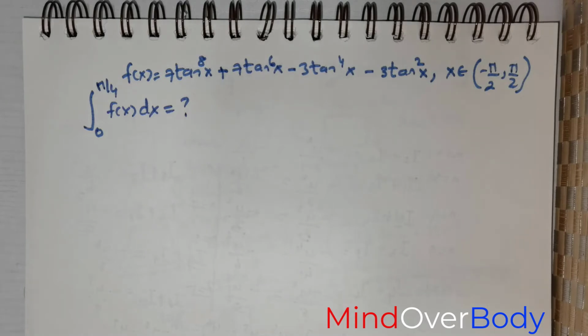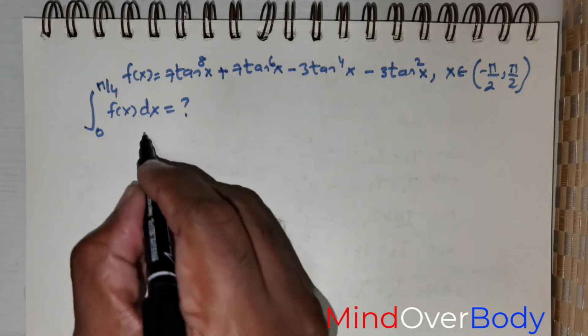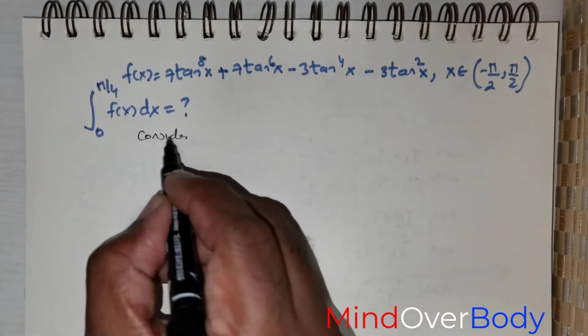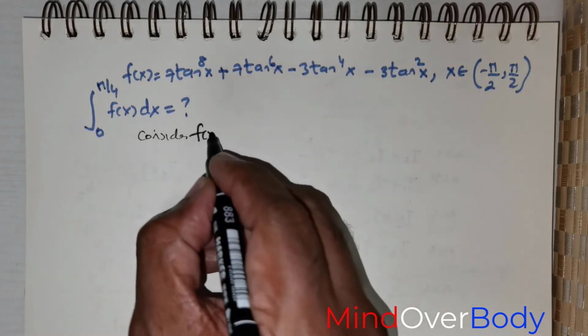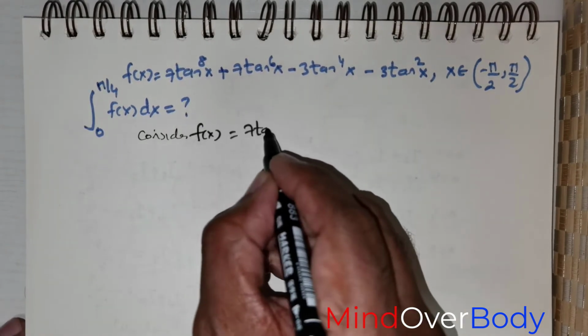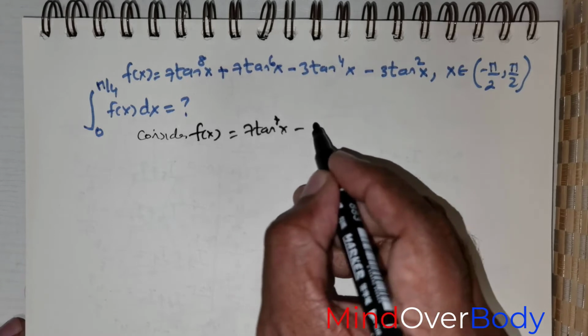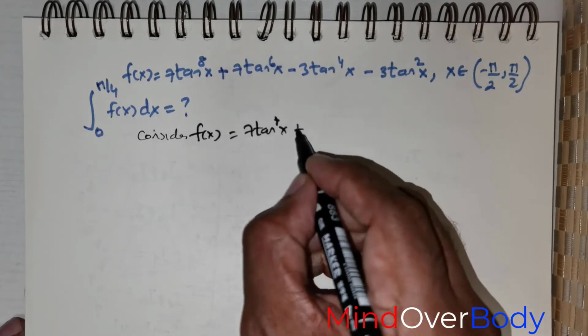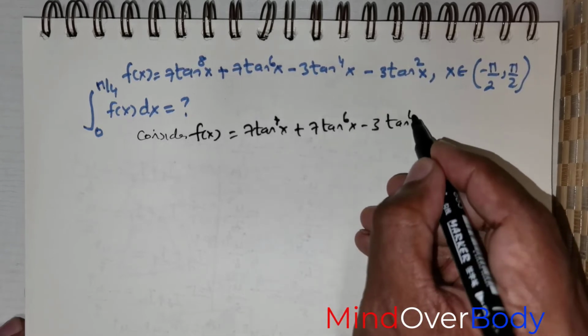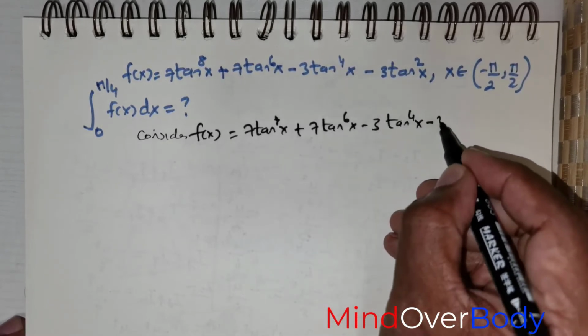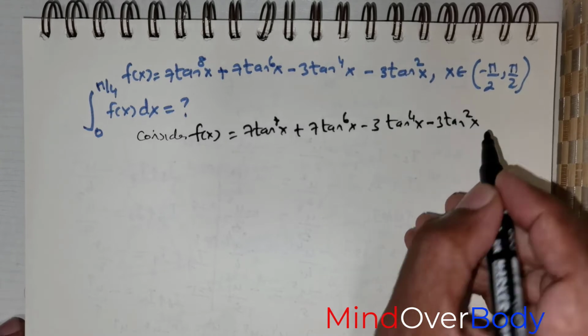So what I wish to do is, as always, we will start off by considering the given function f(x) is equal to 7 tan^8 x + 7 tan^6 x - 3 tan^4 x - 3 tan^2 x.